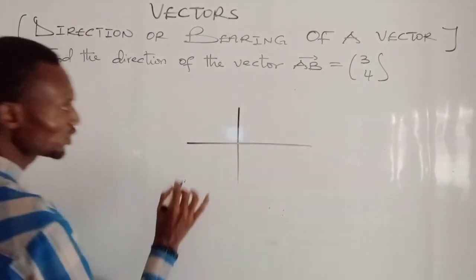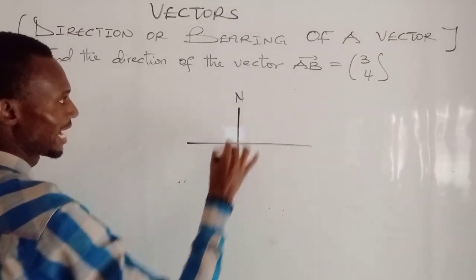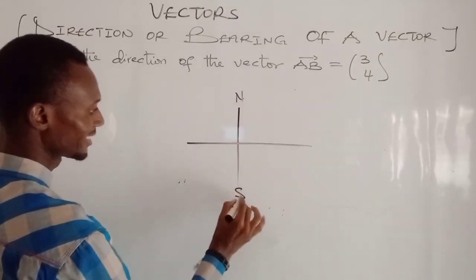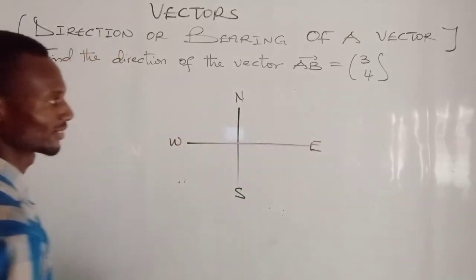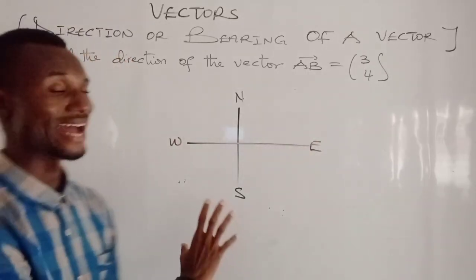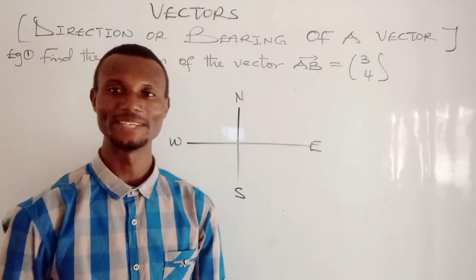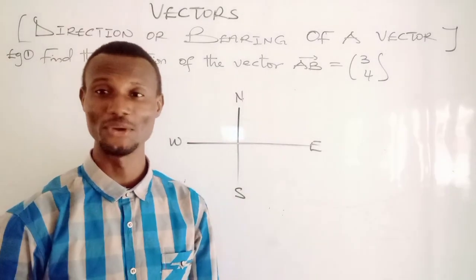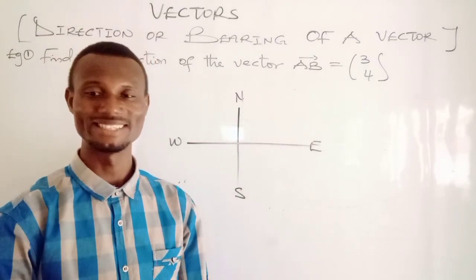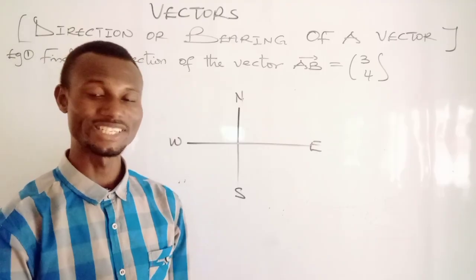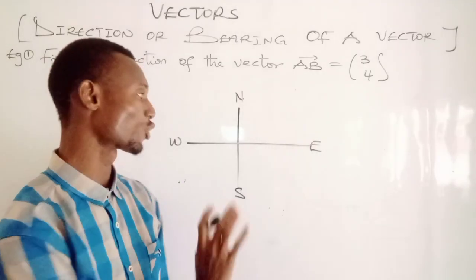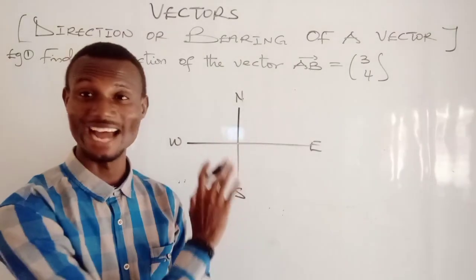So I have my north, south, west, and east. This is my cardinal point, and you can all agree with me that there is an angle of 90 degrees formed at each quadrant on the cardinal point.